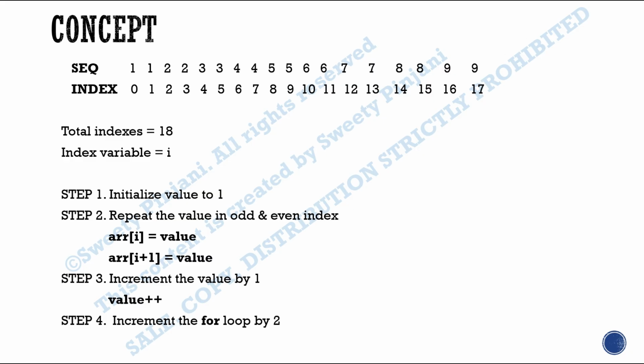Assign value for the index element 4 and 5, and then again increment by 2 and so on. So these are the steps which we will follow for the coding. I hope you have understood the steps and you have understood these equations which I have derived. Now using these equations, let's create a code and let's see if the sequence is really getting created or not. Let's go to the code now.